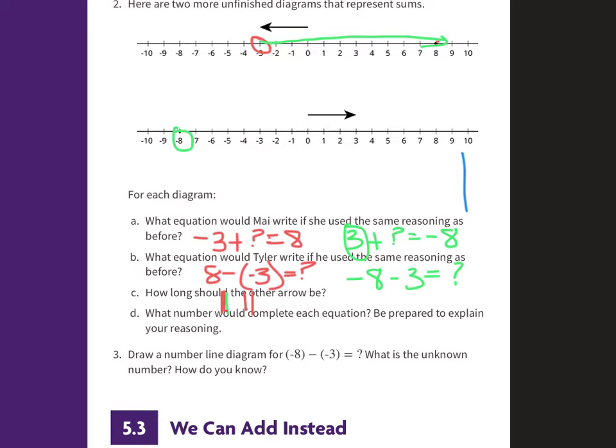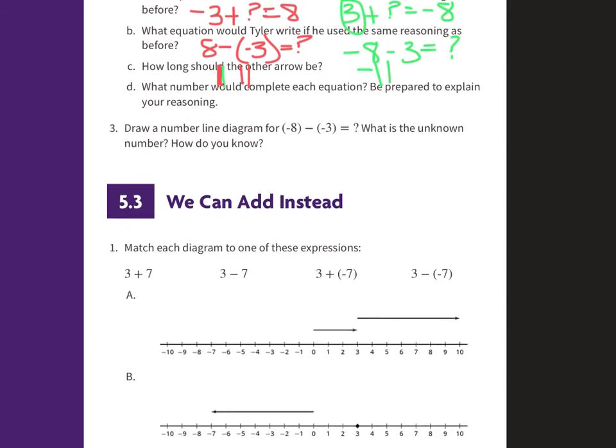Okay? And in this case, we have to go from 3 all the way back to negative 8. So we're negative 11. We're moving left 11 spaces. Okay, what number would you complete each equation? No, negative 11 again. Draw a number line diagram for 8 minus negative 3. What is the unknown number? How do you know? Yeah, we're going to skip that one.